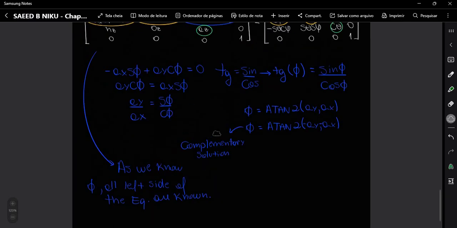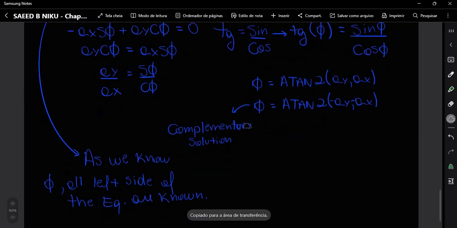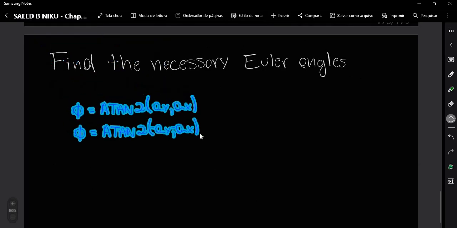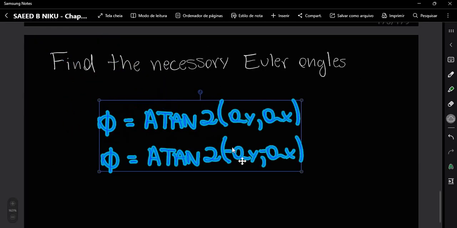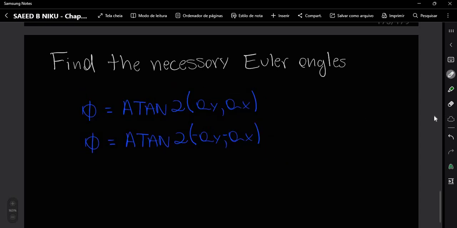The first one that we can apply is for the phi angle, and we also got a complementary solution. So let's see. The first solution is for the phi angle.